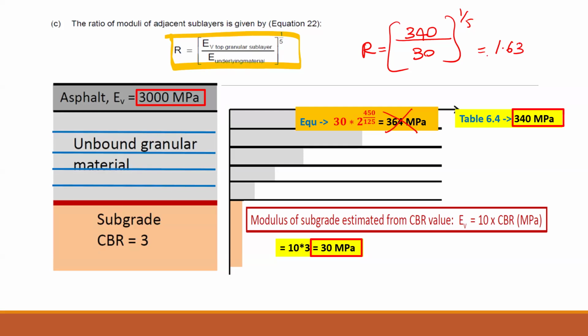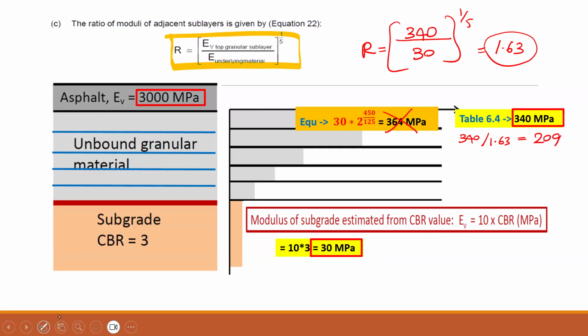1.63. What we do now is we divide 340 by 1.63. Then we get the next sublayer's modulus. So what is the next sublayer's modulus? 209.